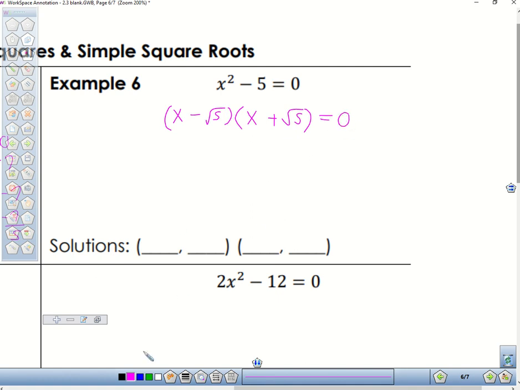So to solve this, I set each of these equal to 0, and I get x minus square root of 5 is equal to 0. Well, I add square root of 5 over, and that just means x is equal to the square root of 5. And then over here, I'm going to do the same thing.